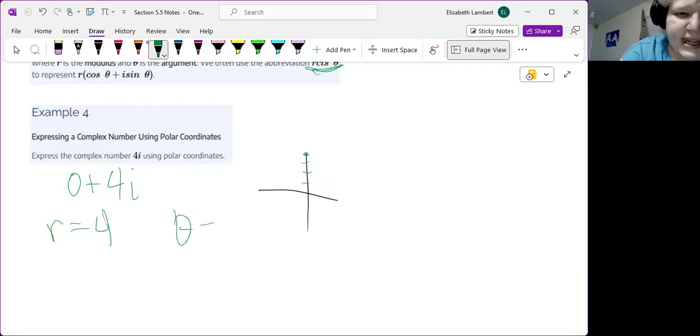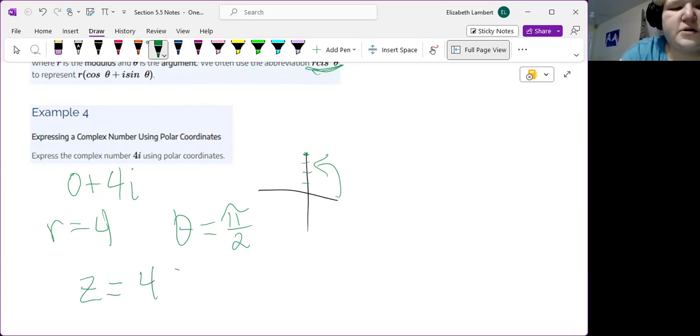And the theta is pi over 2. So writing it in polar notation, we would say z equals 4 cosine pi over 2 plus i sine pi over 2.